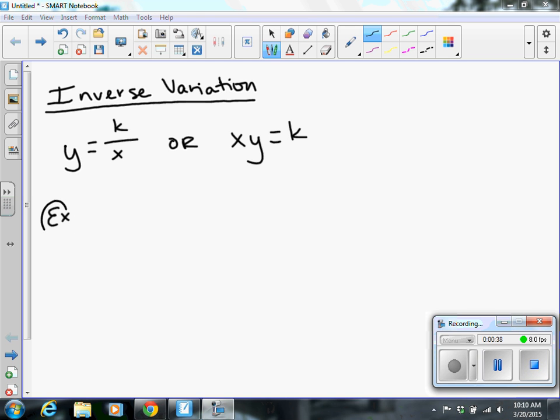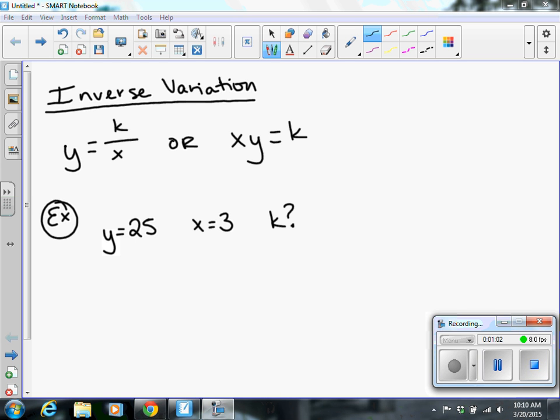So again, we're just manipulating our equations in order to find our k to write our equation. So for instance, if y equals 25 and x equals 3, what does k equal? I just plug this right into either one of my equations, it doesn't matter, and I will be able to figure out k.